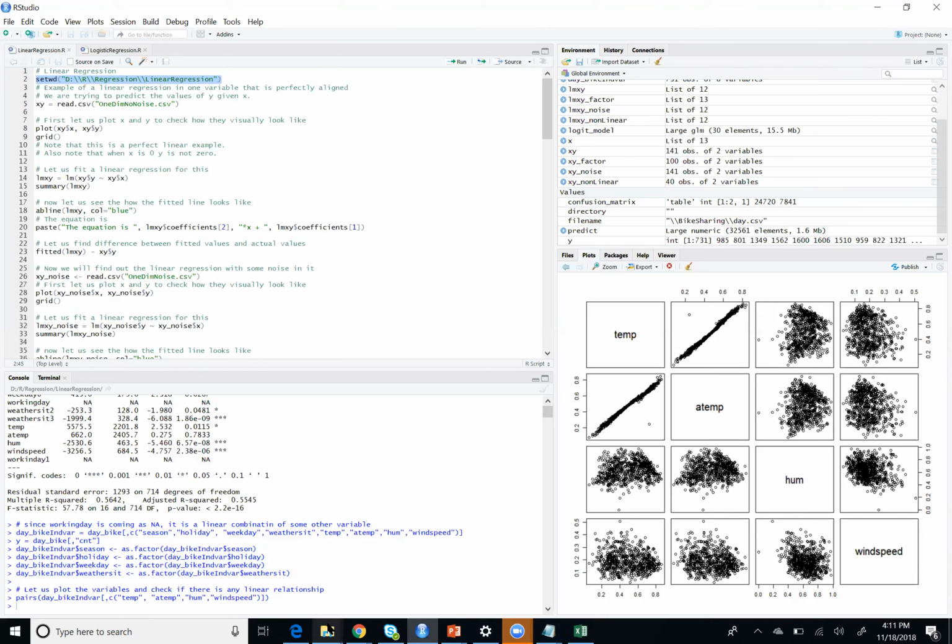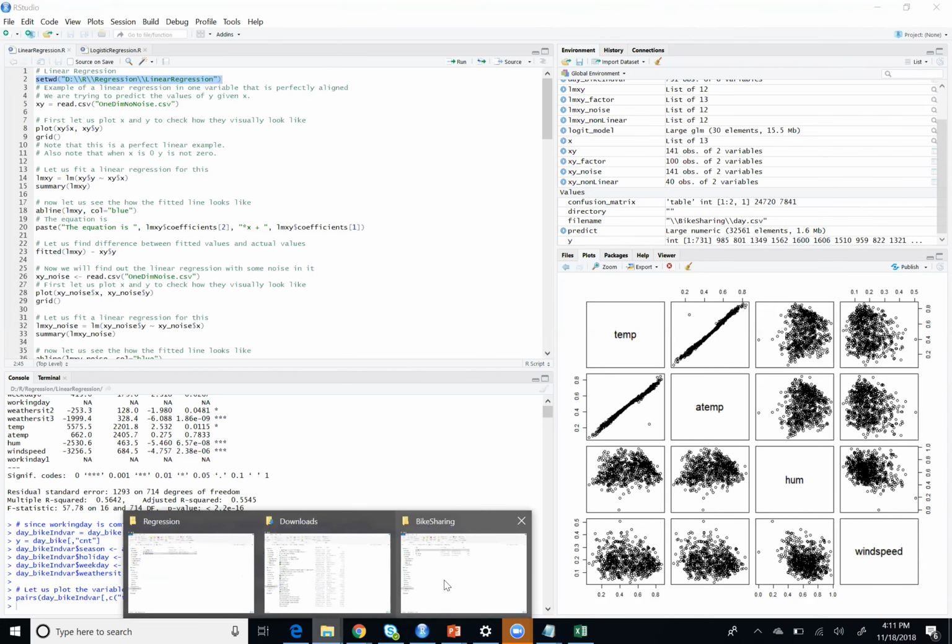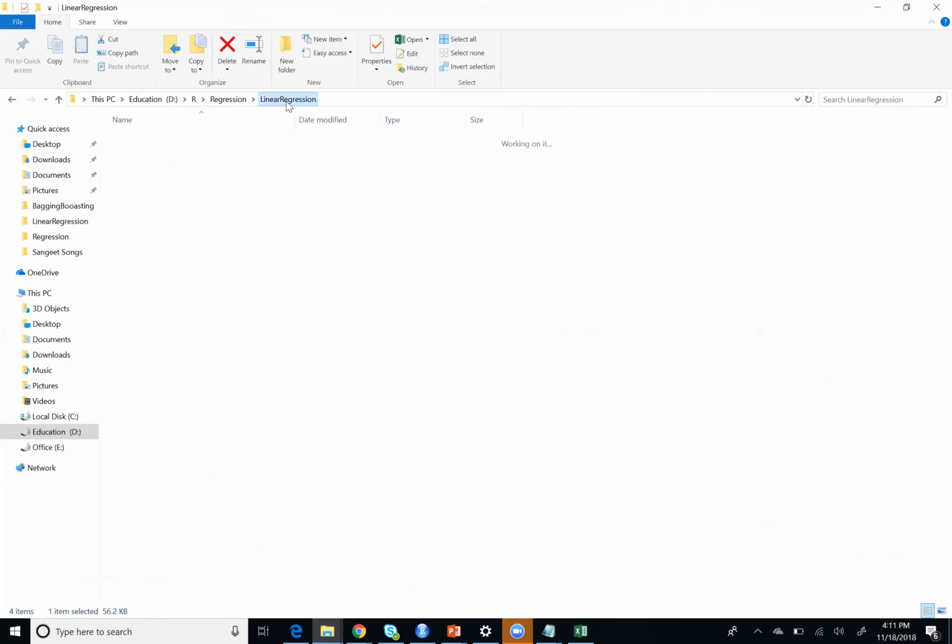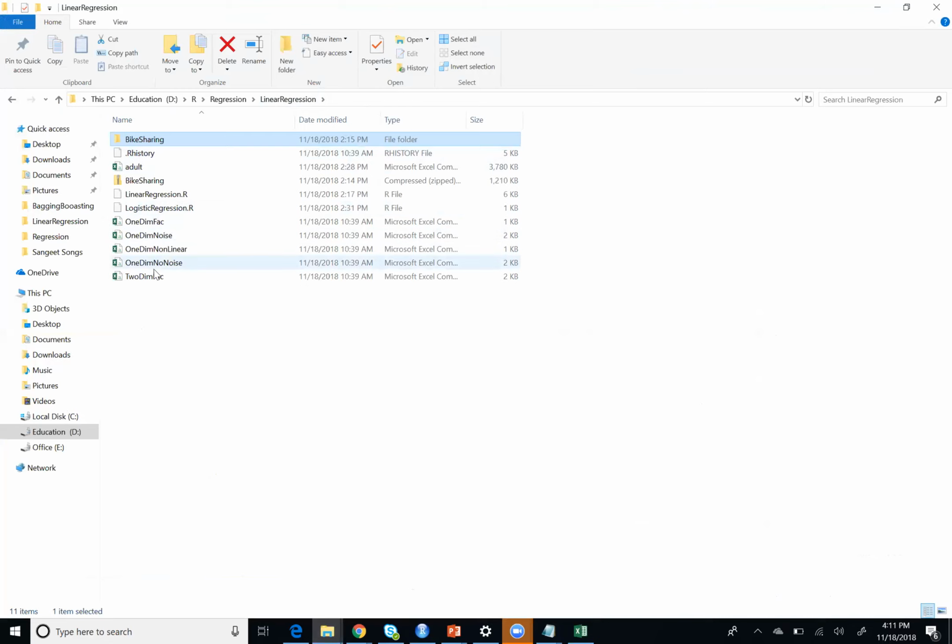If you open the one-dimensional no noise data, you have an X and Y value in this thing.